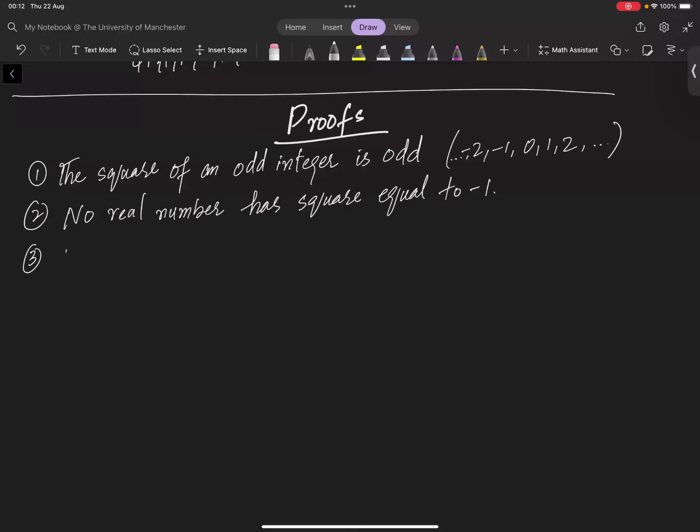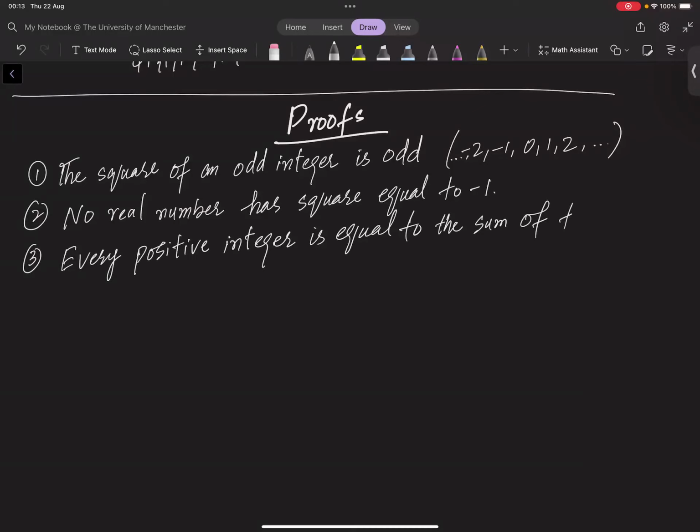Number 3: every positive integer is equal to the sum of two integer squares, and integer squares are going to be 0, 1, 4, 9, 16, 25, 36, 49, and so on.